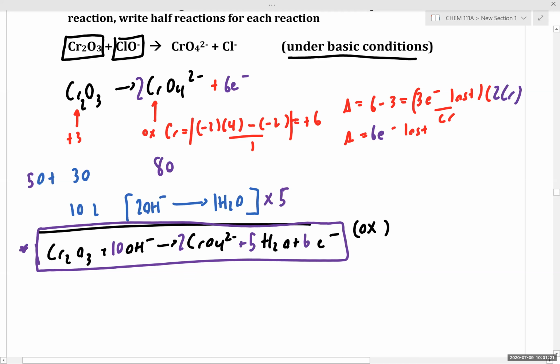And the response I see in the chat for the balanced reduction half reaction looks great so far. And we'll discuss this example in about another 2 to 3 minutes.